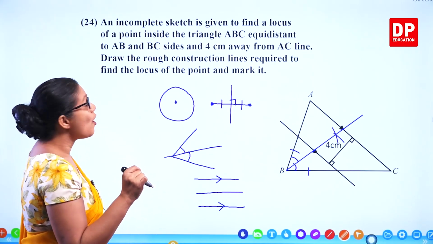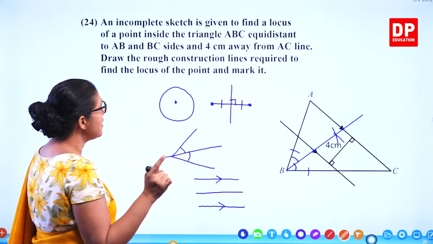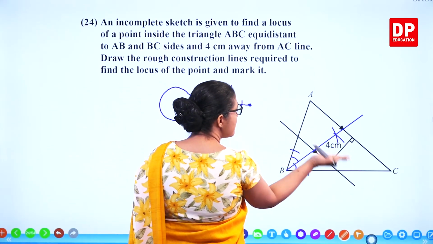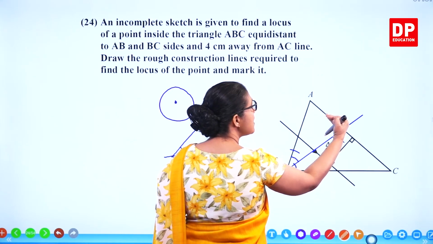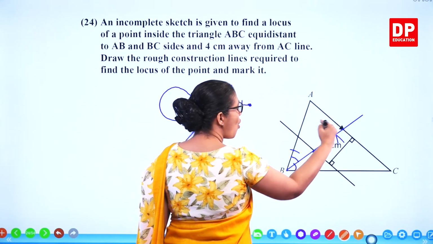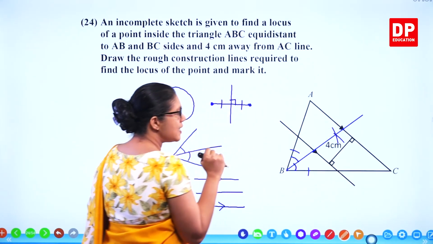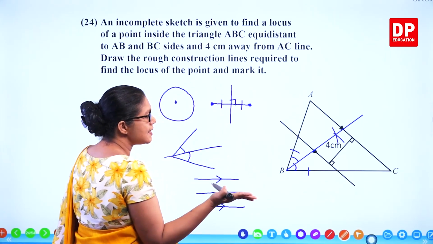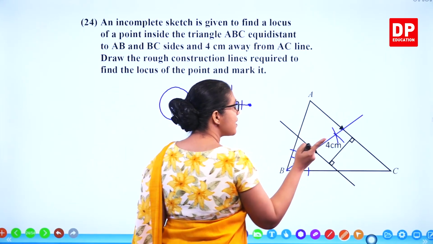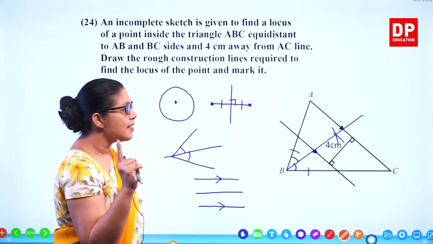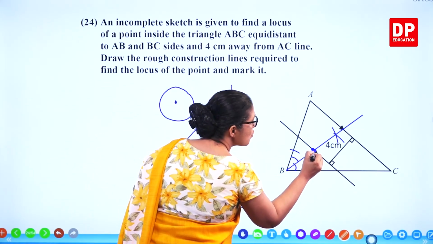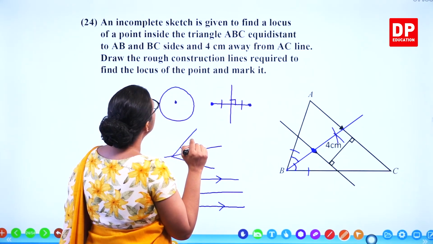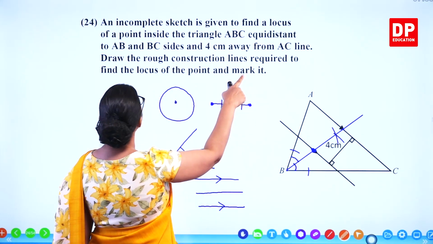Now the angle bisector is there. We need to find the locus point equidistant to these 2 lines as well as 4 centimeters away from AC. The 4 centimeter line is already given. So the intersecting point of the angle bisector and the 4 centimeter line becomes the required point.